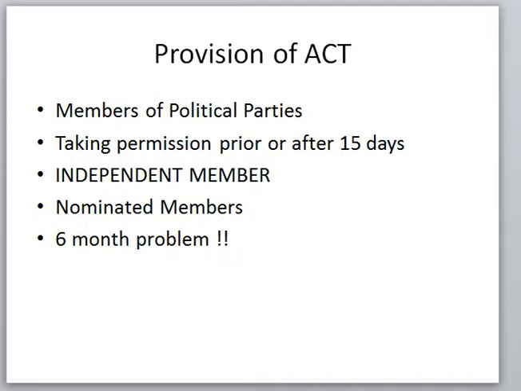If he remains independent in that House and, after 6 months, joins a particular party, then because he joined the party after 6 months, he will be disqualified.